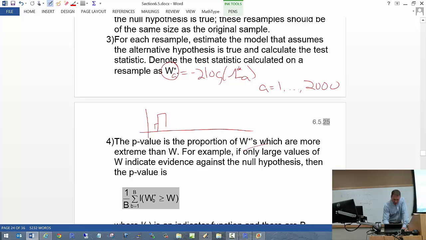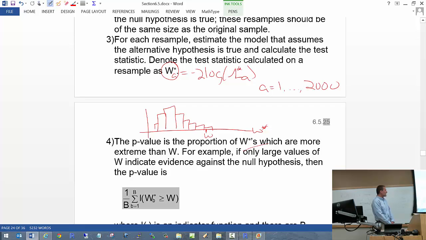So maybe it looks like this. Not a perfect drawing. So I have all these W stars there. Okay? Now what I can do is look at my original test statistic value. Let's say it falls right here, my original test statistic value.